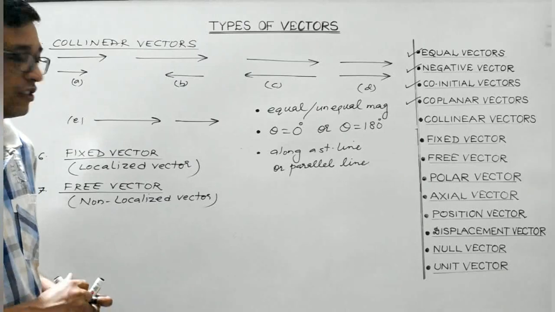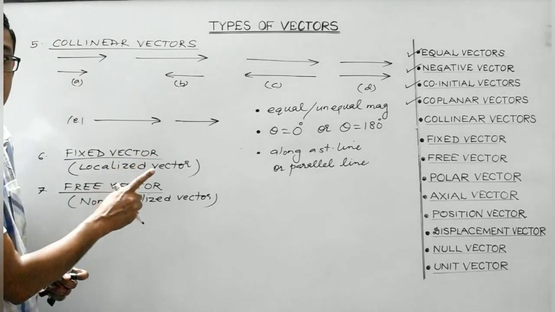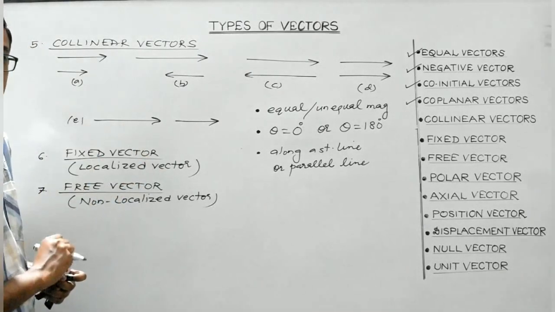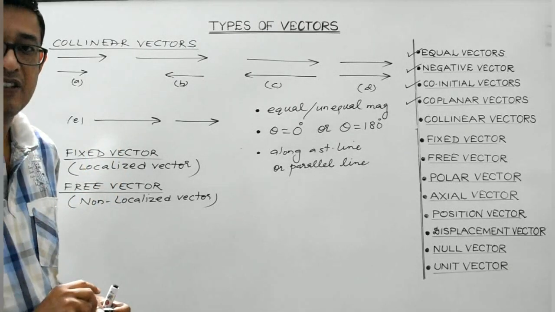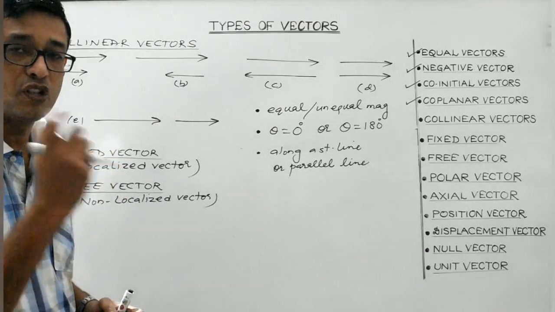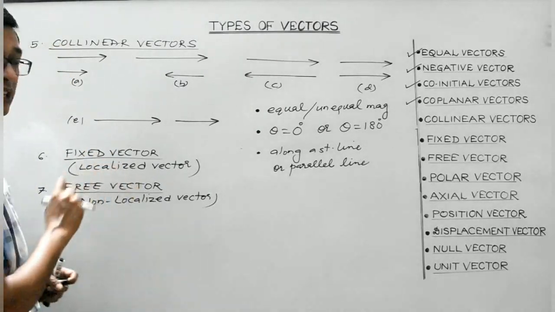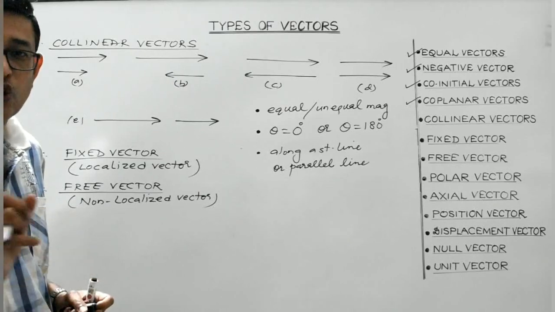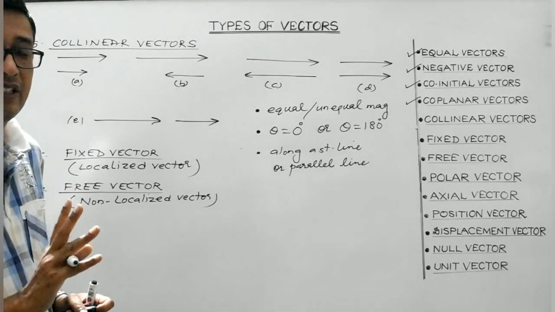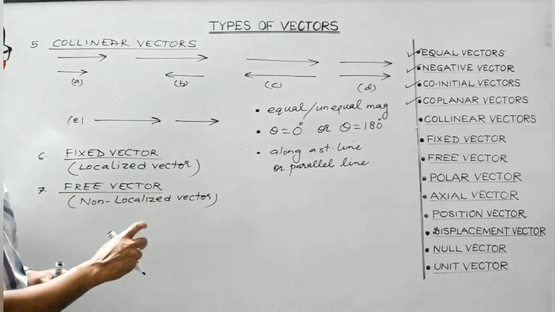In the definition, right? Fixed vectors are those vectors whose tails are fixed and they have a particular location, that is displacement vector, position vector. While on the other hand, free vectors don't have any fixed point. The tail does not remain fixed at a particular point. Instead, they do not have any location.